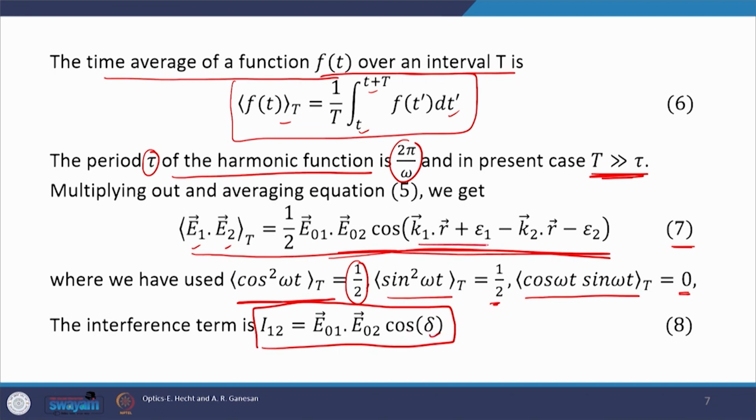Yeah, this is from the first wave, and the second term, k2 r plus epsilon 2, is from the second wave. We started with two waves E1 and E2, and this belongs to the first wave while this belongs to the second wave, and we are taking the difference between the two.